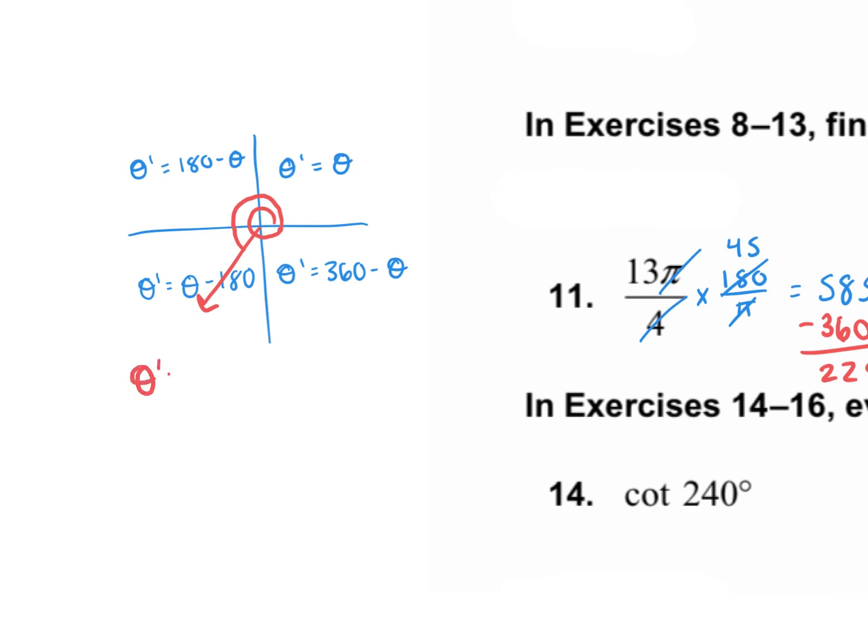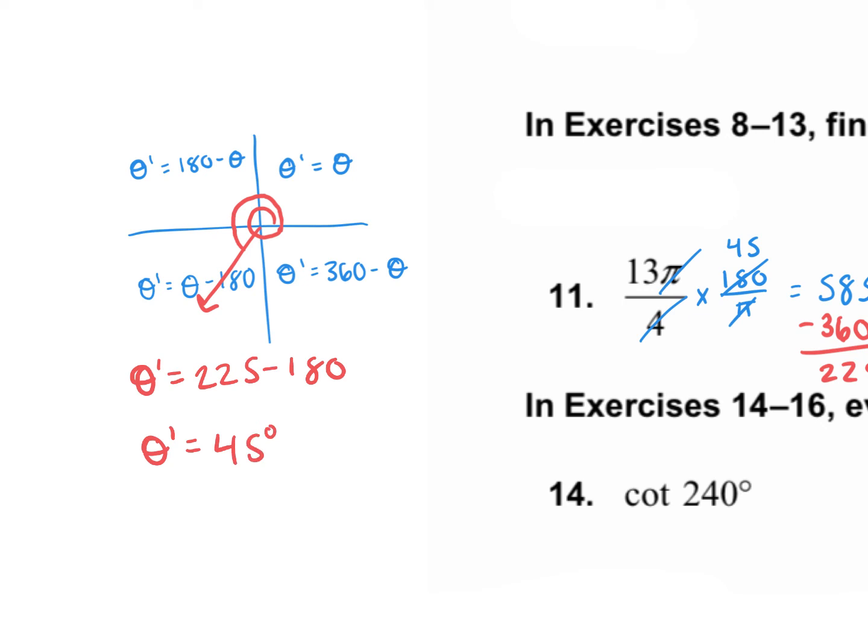What's our theta? 225. So 225 minus 180, what does that give us for theta prime? 45 degrees. Are we done?